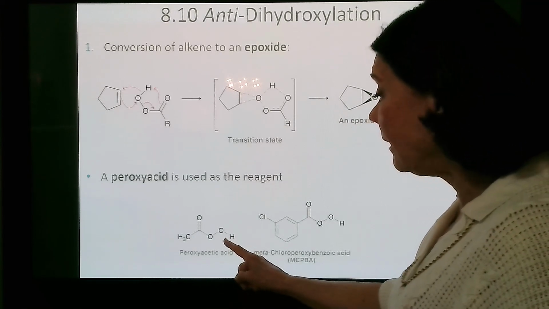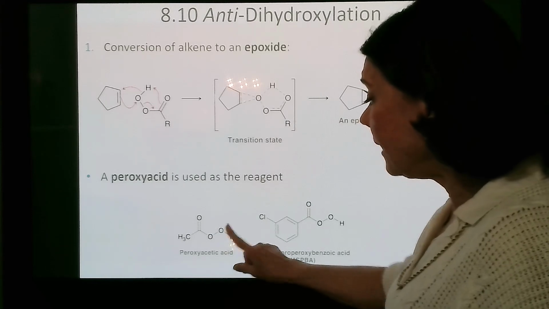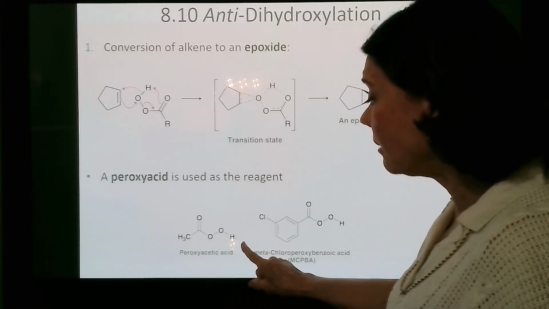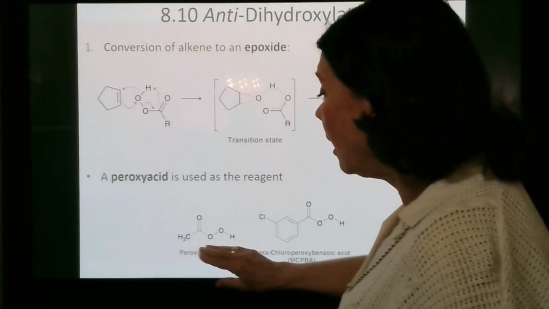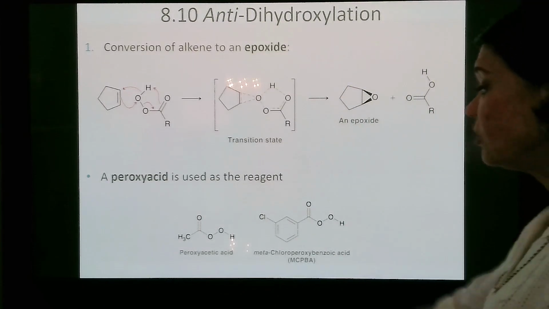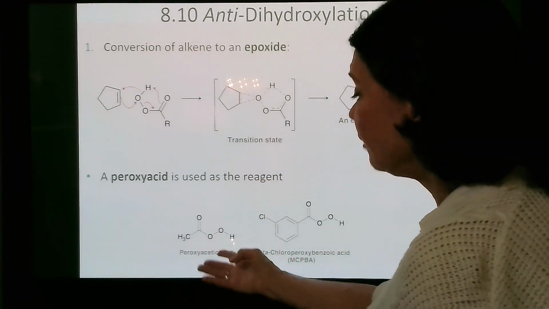So this is a peracid, because instead of just OH, you have OOH. So this is a peroxy acid. This one is acetic, and so this is peroxyacetic acid. This one is fairly common.